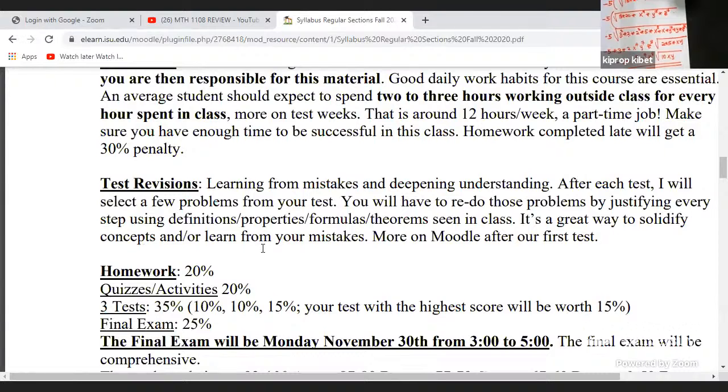But if you have a 0, then I will just drop the ones which everyone is failing. I will not drop the one which you're getting a 0. Okay? So if you do not do the quiz, then you will get a 0 in either.